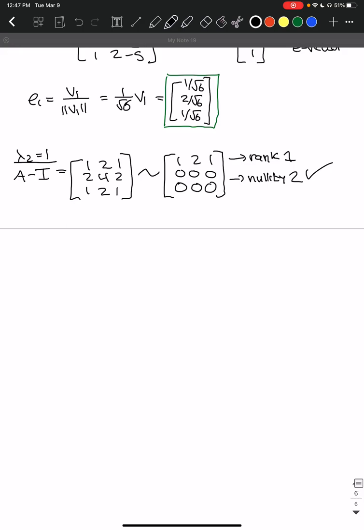Let's go ahead and find them. We can call V2, one of them that works, 2, minus 1, 0. And V3 as well, which could be 0, 1, minus 2. So these are my 2 linearly independent eigenvectors that I found.